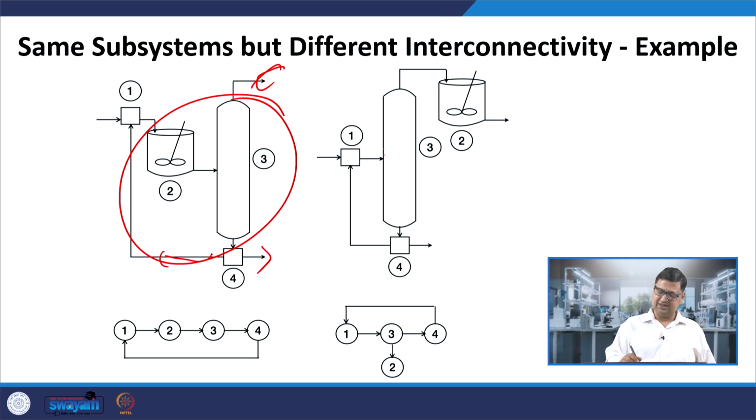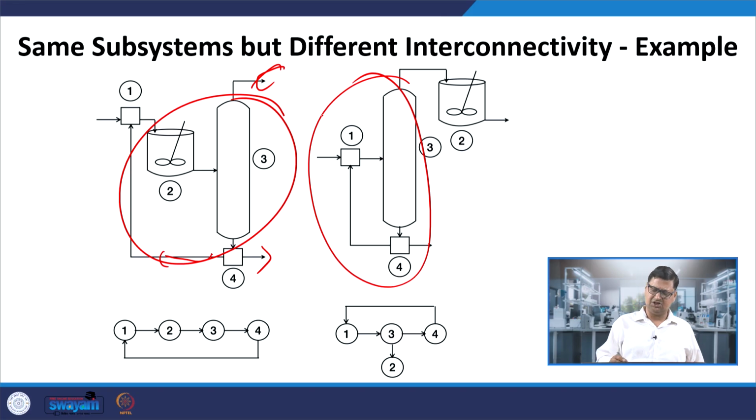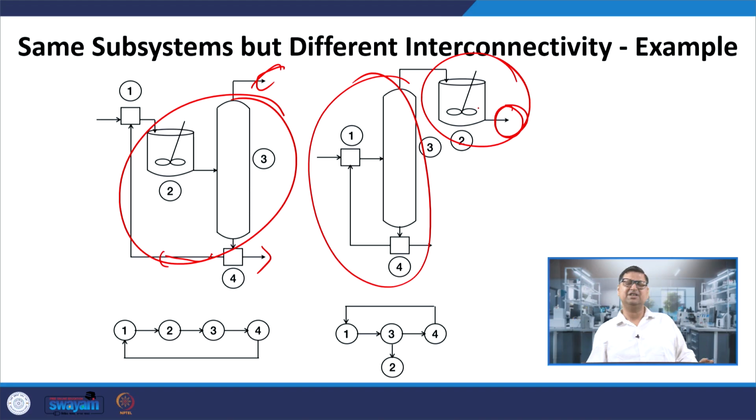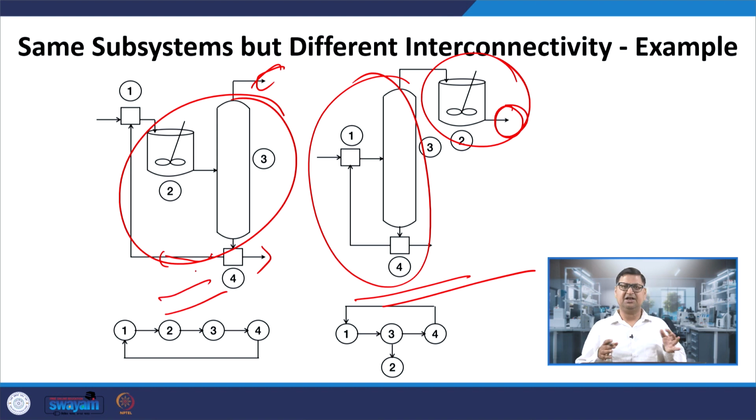In this case, the mixer and separator are coming together. That is pretty much nonsensical, because the reactor is standing isolated alone, and I am not separating the products from the reactor, right. So, the flow sheet on the right is not serving the same purpose as this flow sheet. In this case, we had a reactor followed by the separator, so we can separate out the desired and undesired product.